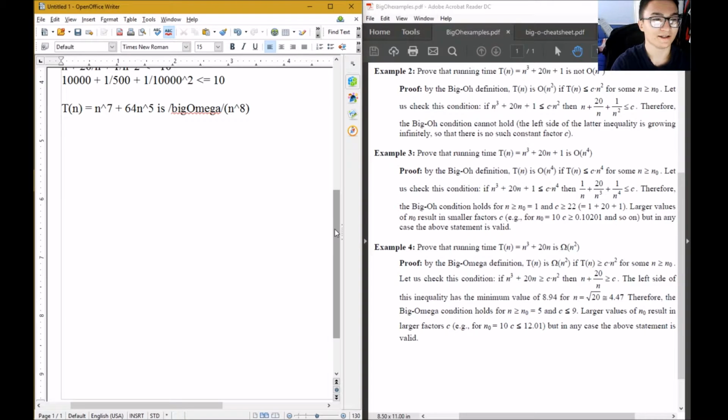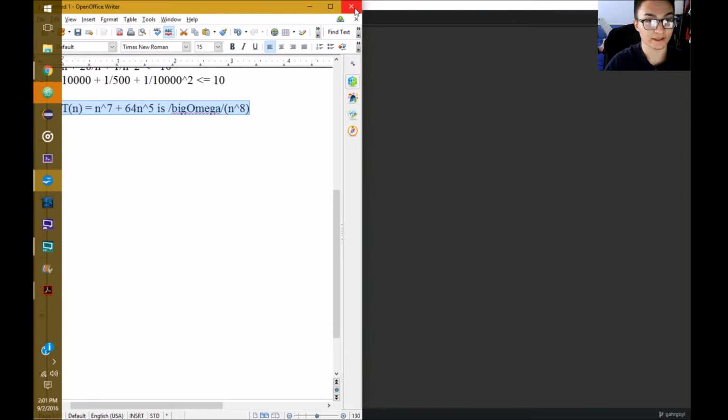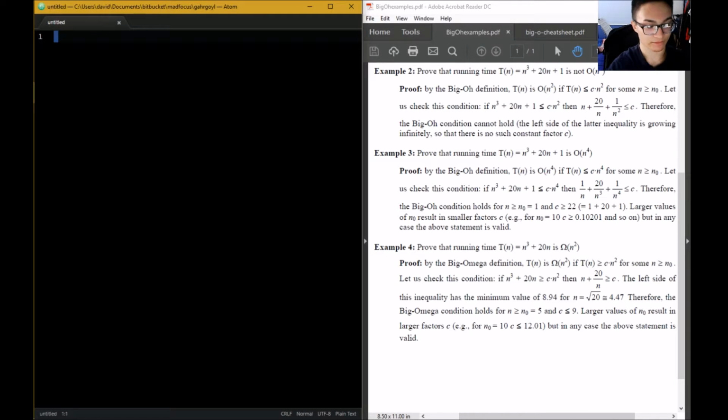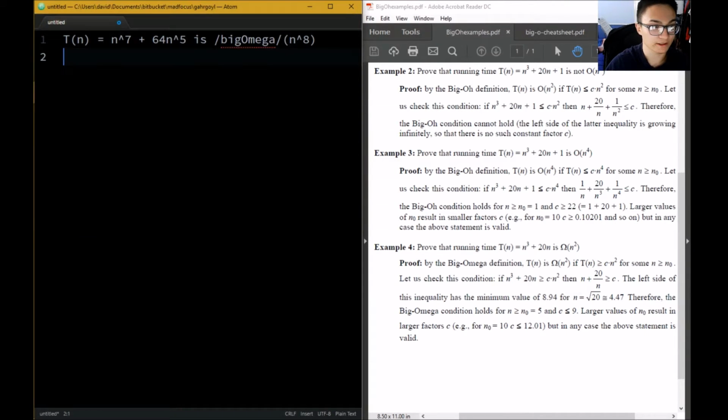So, okay, let's say we have this. Oh, you know what? We're gonna do some Vim stuff. Copy that, discard that. Okay. So T of n is equal to this equation is equal to big omega of n to the 8th.